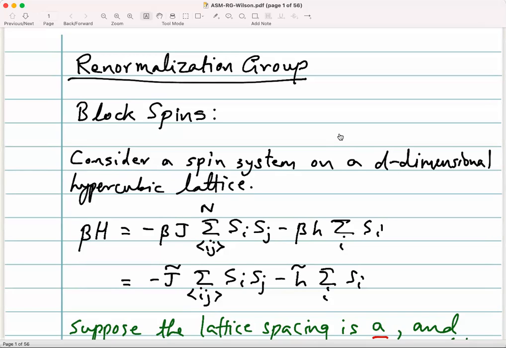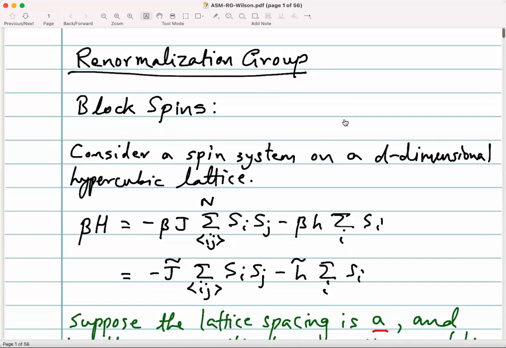And then, of course, we will realize that that's not the best thing to do, and then we'll try to improvise on that. And as we do successive improvisation, we see how we arrive at the right kind of transformation. Okay, so let's try to see how we go about it.